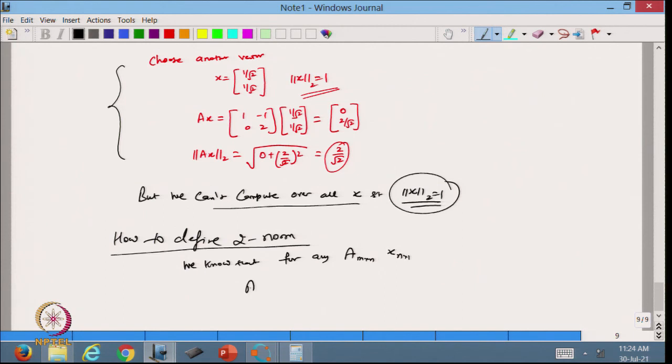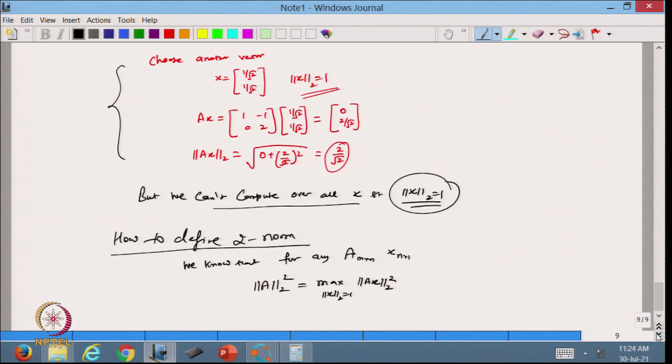Let us define Ax and take its 2 norm. So, let us write in this way. I define the 2 norm of A as the maximum of norm of Ax square. I am just taking the square.